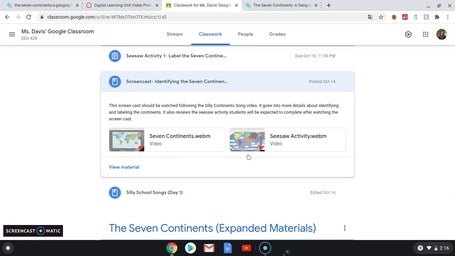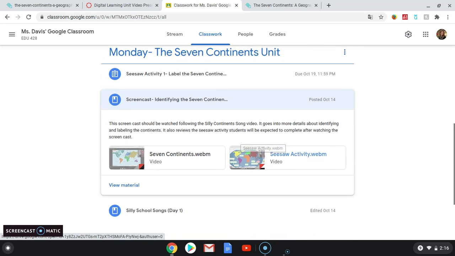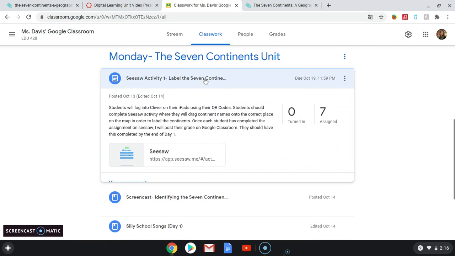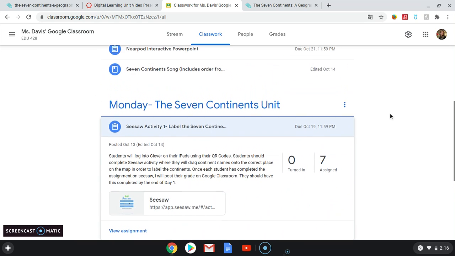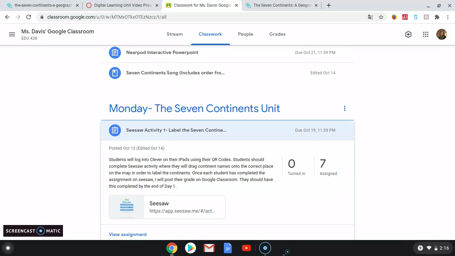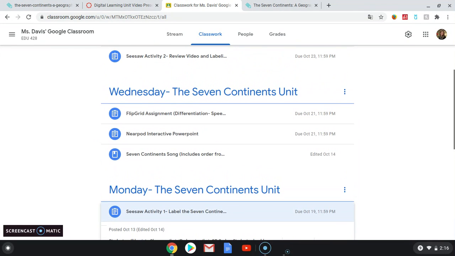And then they had a Seesaw activity where they had to take the labels and put them over the correct continent.